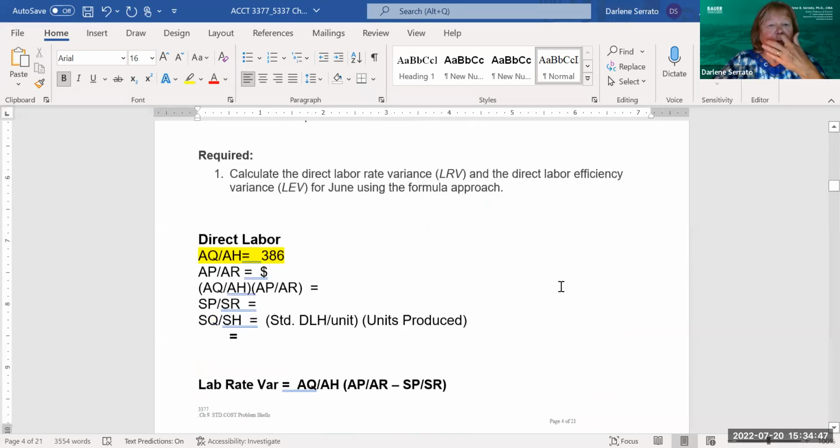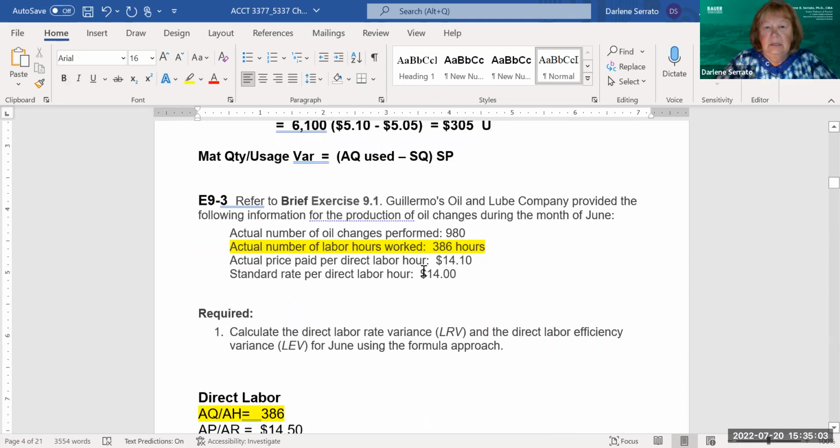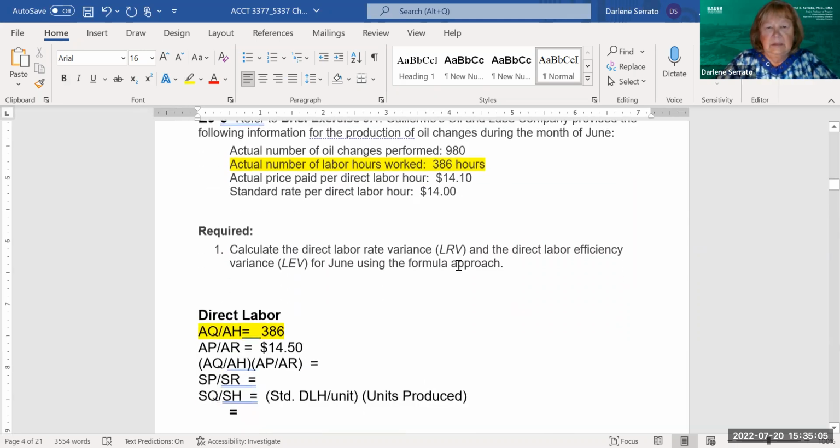So actual hours worked was 386. Actual rate, $14.10.